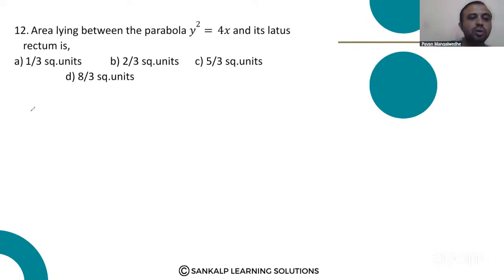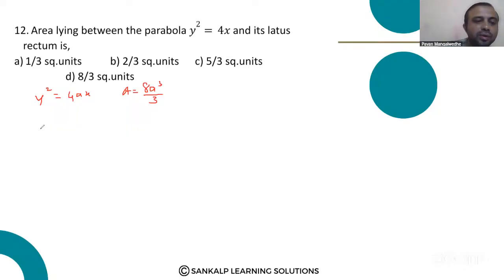So all of you know that there is a standard formula. The area bounded by the parabola in the form of y square is equal to 4ax and its latus rectum is given by A is equal to 8a cube by 3. So identify the a from the parabola.